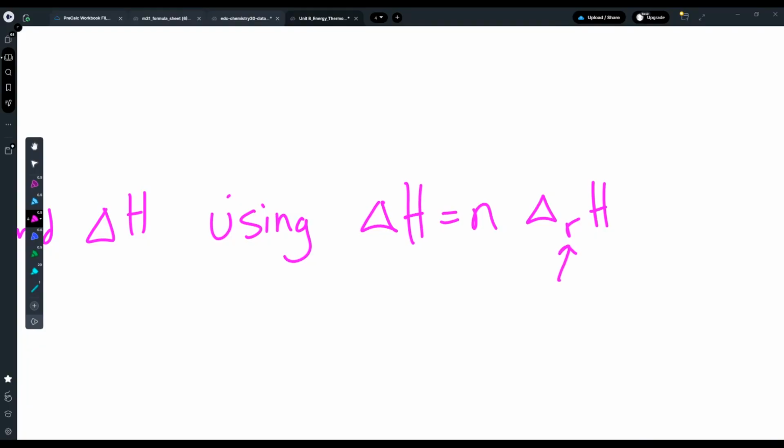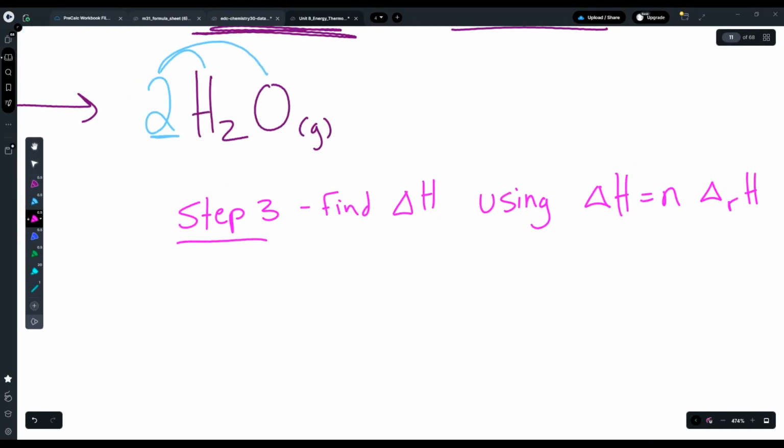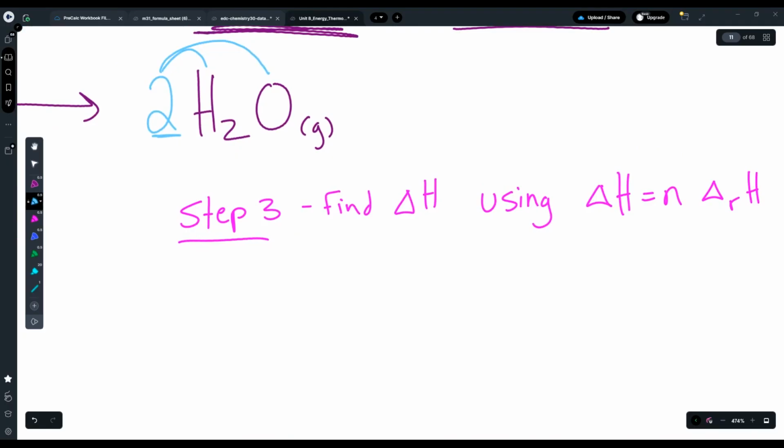Okay, which you can specify when you actually know the identity of what type of reaction it is. Okay, so that's what I'm going to do here.